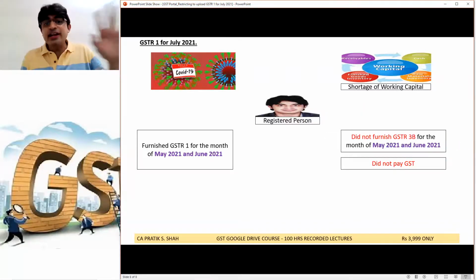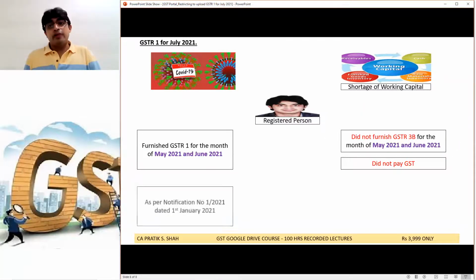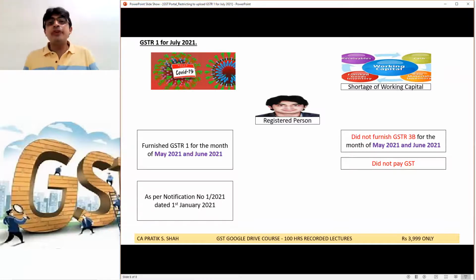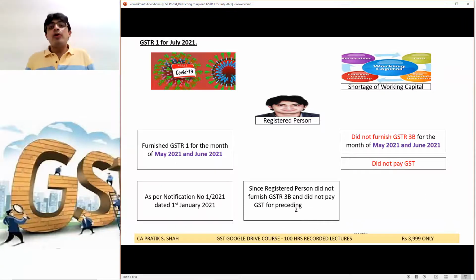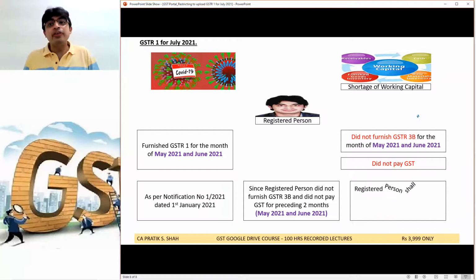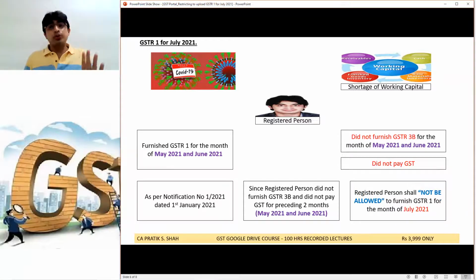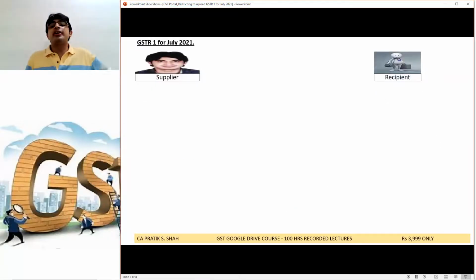They have not paid GST for these 2 months. As per notification 1, just discussed, since these registered persons have not filed 3B for the preceding 2 months, the portal will not allow you to furnish GSTR1 for July 21. The portal will restrict it.